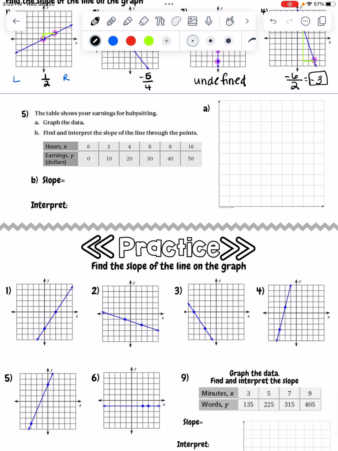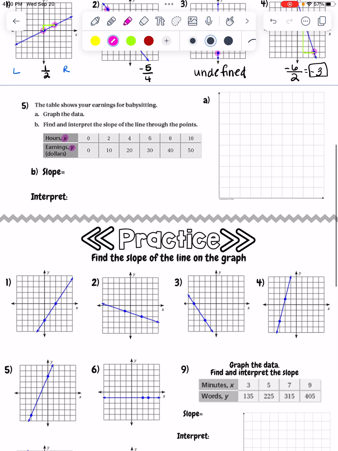This next problem, number 5, is going to be asking you to do a couple things. The first one it asks you to do is graph the data. The table shows your earnings for babysitting, and the hours is your x-axis, and dollars earned is your y-axis.